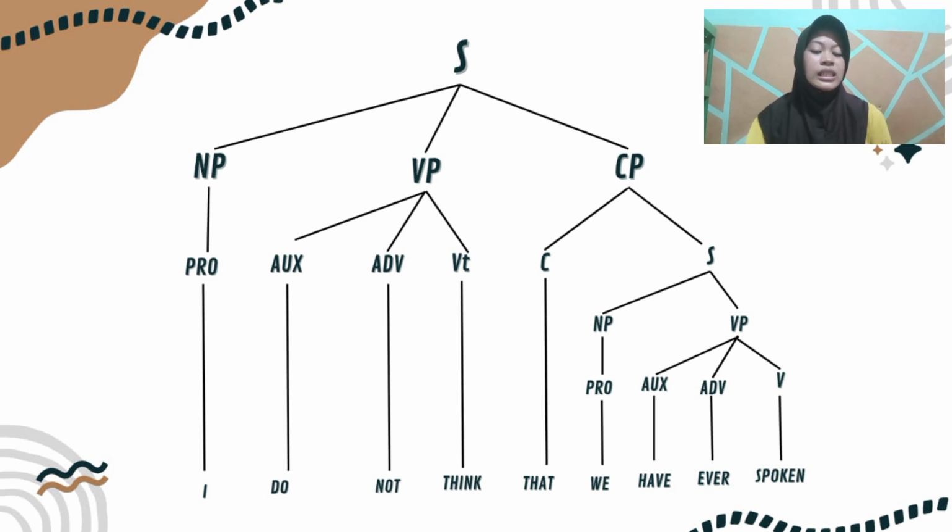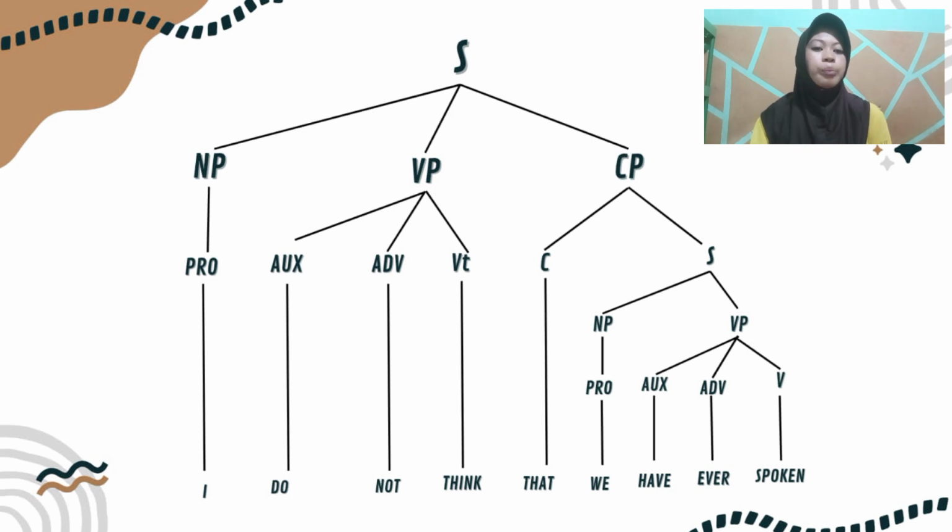In the NP, or noun phrase, it only branches into one node, which is pronoun, I. This is because I is a pronoun, and pronouns function as a noun phrase in sentence structure.